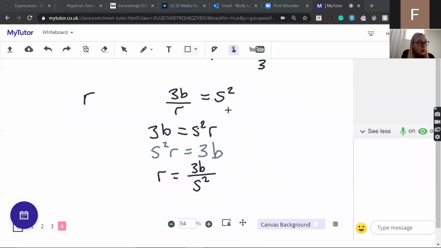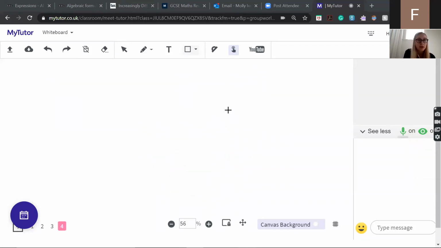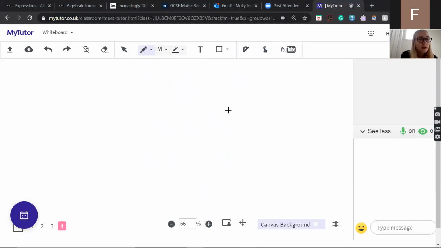Cool. We'll go for another rearranging question. So let's say make Q the subject of 4 root Q equals 12A. This one is going to be really similar to other ones. We want to start by dividing by 4.